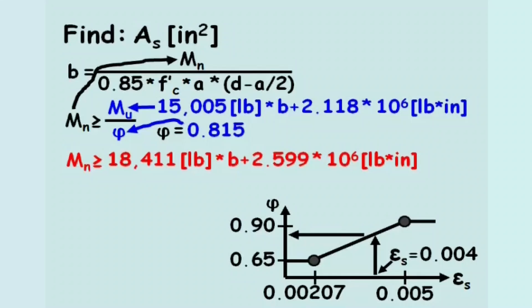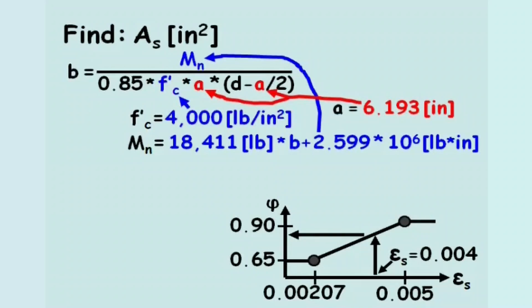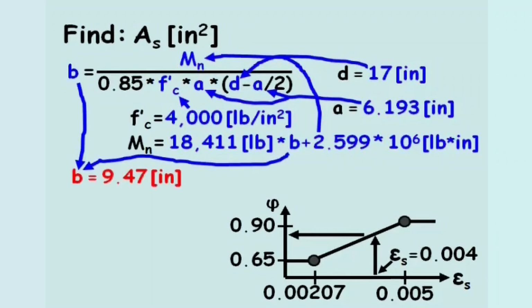So as to not over-design the beam, we'll change the at most sign to an equal sign. Now we can solve for the beam width, B. We have the nominal moment, Mn, the compressive strength of the concrete, F'c, the length, A, and the length, D. After a few lines of algebra, the width of the beam, B, equals 9.47 inches.